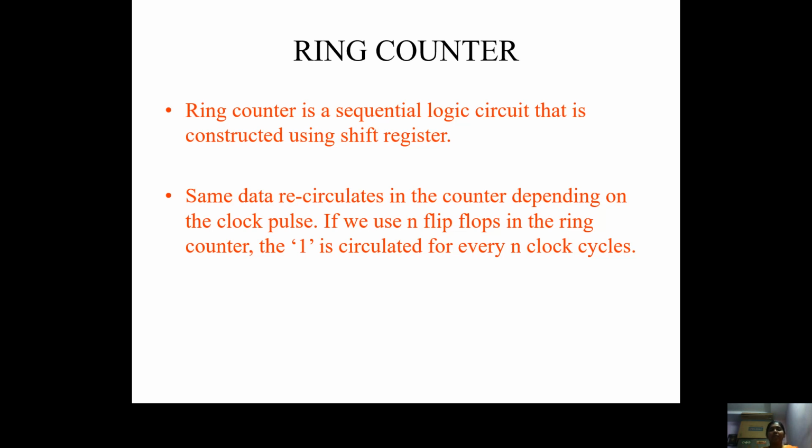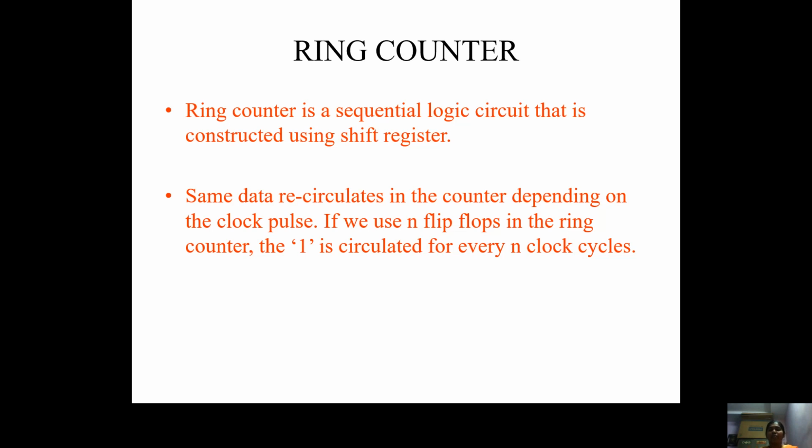If we use n flip-flops in the ring counter, the one value which we have given at the first flip-flop is circulated every n clock pulses. This is very easy to construct, because at each clock pulse only one of the flip-flops is set, and the remaining will be in reset condition.